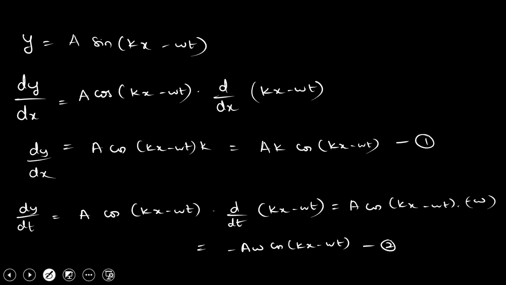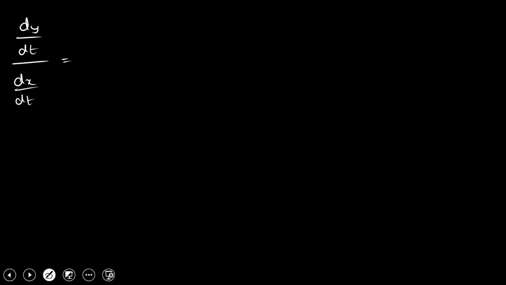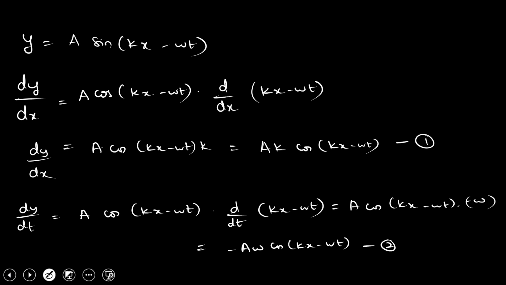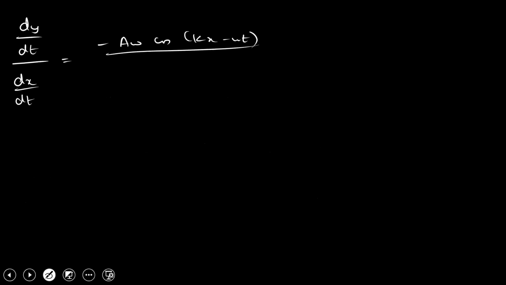Dy by dt is minus a omega cos of kx minus omega t divided by, what is dy by dx? It is ak cos of kx minus omega t. So a and a are gone, cos kx minus omega t and cos kx minus omega t are gone. This will be minus omega divided by k.